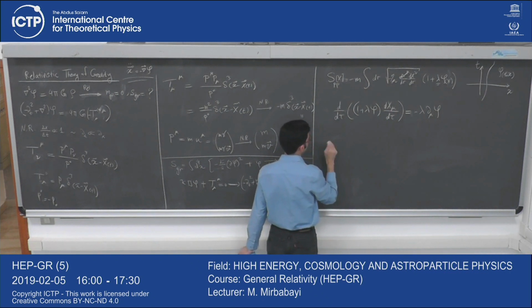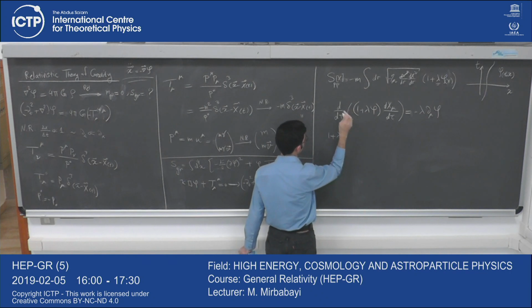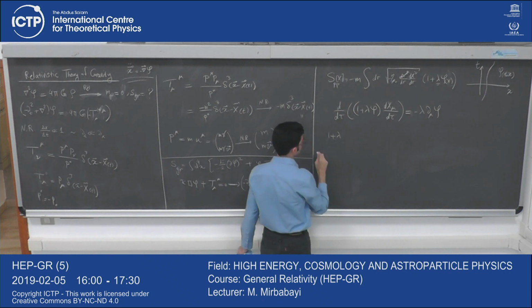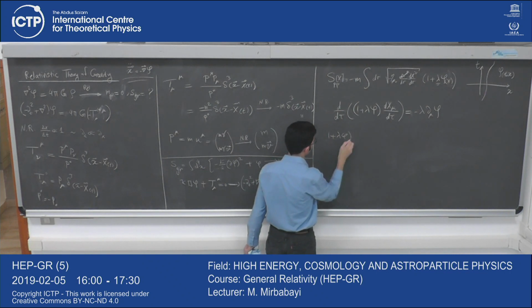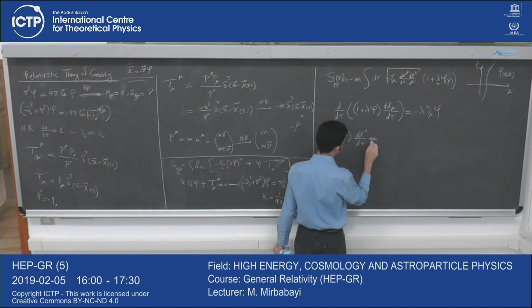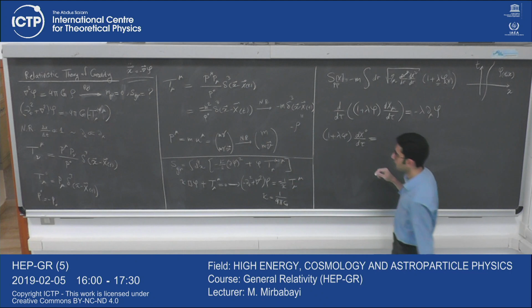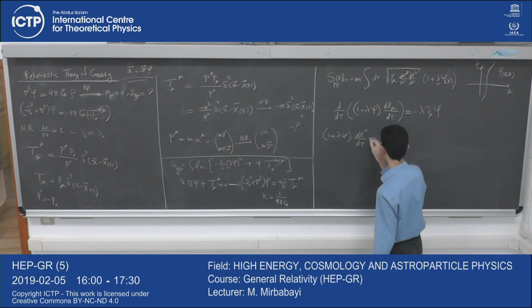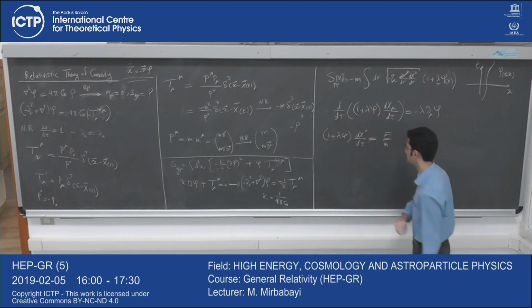So if I look at the zeroth component of this equation, it tells me that d by d tau of this expression is 0, which means that 1 plus lambda phi times dx0 d tau is equal to a constant. That constant has a name, it is E over m.